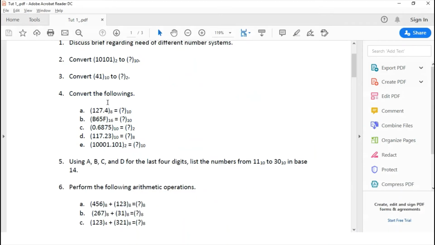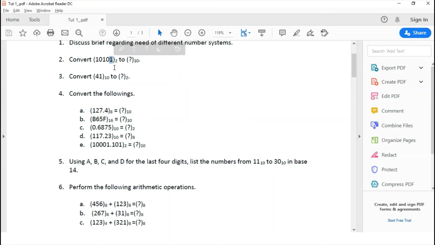So here we are going to convert the binary number into the decimal number. Usually, when we convert a binary number into decimal, we start multiplying each digit in the binary number with 2 to the power of something, and that exponent depends on the position of the digit.